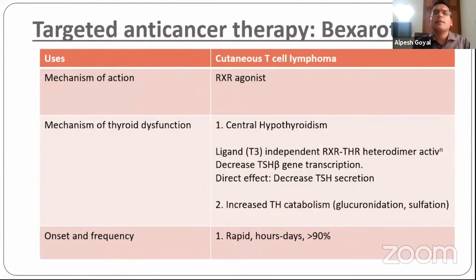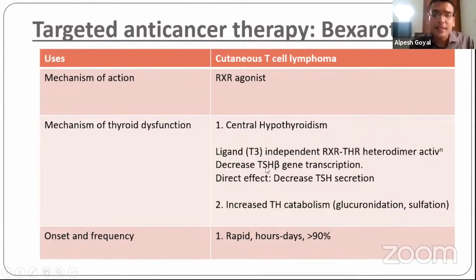The second agent is bexarotene, a retinoid X receptor agonist used in patients with cutaneous T-cell lymphoma. The major adverse event that can occur with this agent is central hypothyroidism. It is also known to increase thyroid hormone catabolism, but the catabolism that is increased is not through the deiodinase route, but through increased glucuronidation and sulfation.